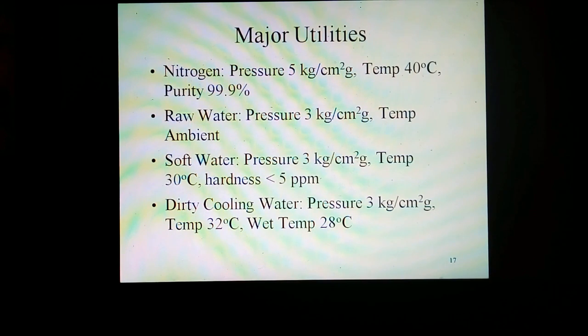Soft water at a pressure of 3 kilograms per square centimeter gauge and at a temperature of 30 degrees centigrade, having hardness less than 5 parts per million. Dirty cooling water at a pressure of 3 kilograms per square centimeter gauge and at a temperature of 32 degrees centigrade, and wet bulb temperature of 28 degrees centigrade.